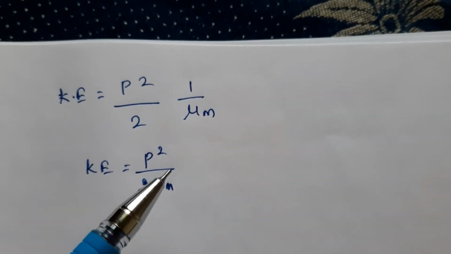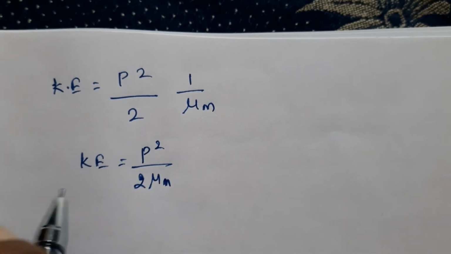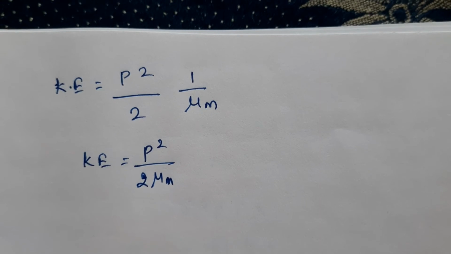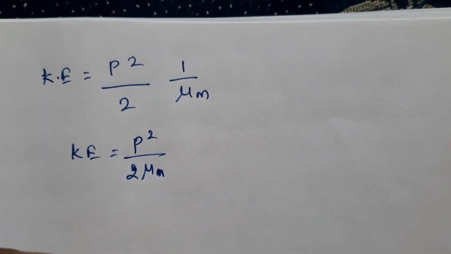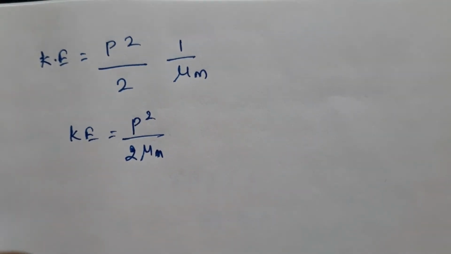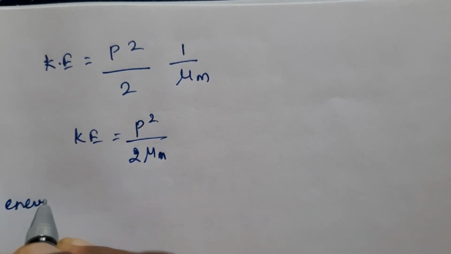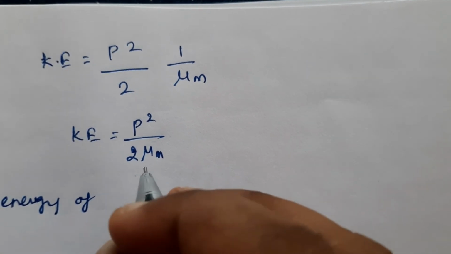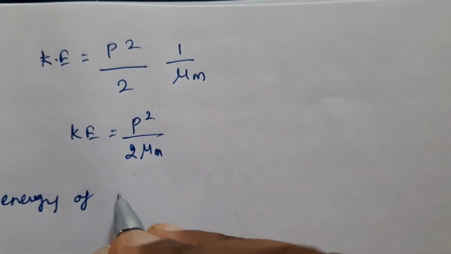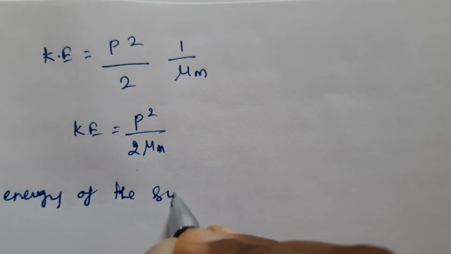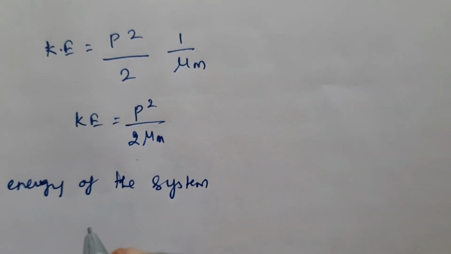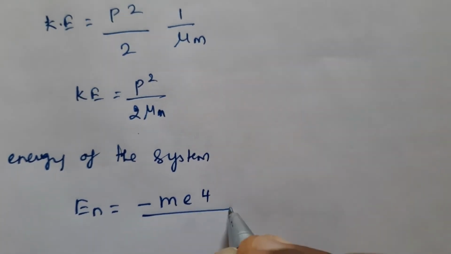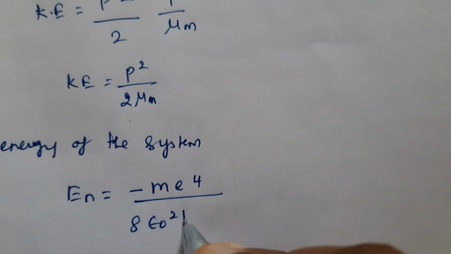Okay. Now we have to find out the energy of the new system. So what is the total energy of the system? The total energy of the hydrogen atom, that is En is equal to minus m e raised to 4 by 8 epsilon 0 square h square n square.